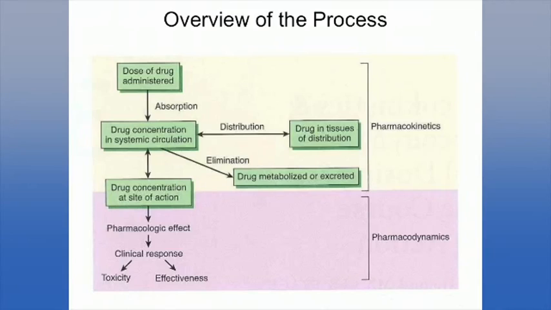Going back to pharmacokinetics, the minute a drug reaches plasma, reaches circulation, it's going to be widely distributed to all of the tissues that it can gain access to. In addition to that, to make things a little bit more complicated, the minute the drug hits circulation, the body is going to want to eliminate it.